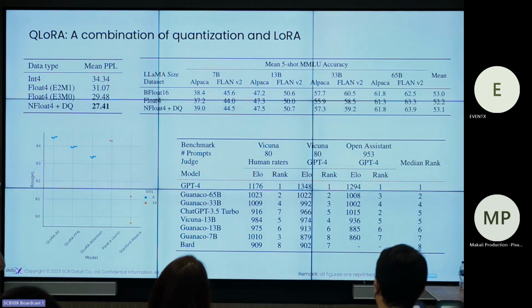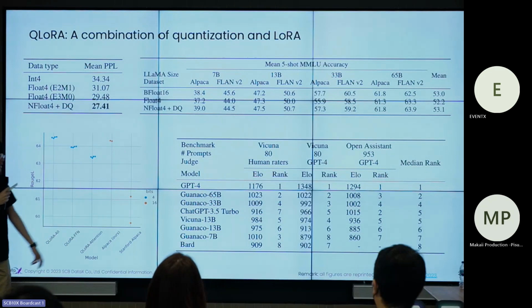The y-axis means we apply QLoRA to all weights in the neural network, but QLoRA FFN means we apply QLoRA to only the feed-forward neural network in the architecture, and likewise for attention.